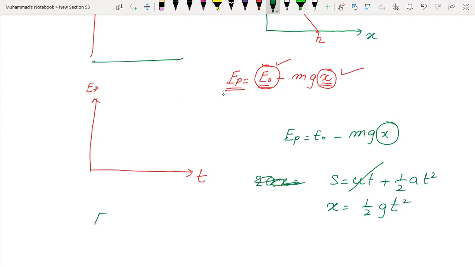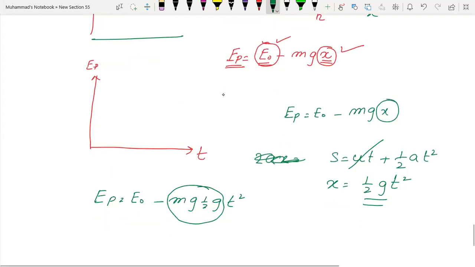So the graph would be EP is E naught minus mg times x, and this x would be half g t square. This stuff is constant.